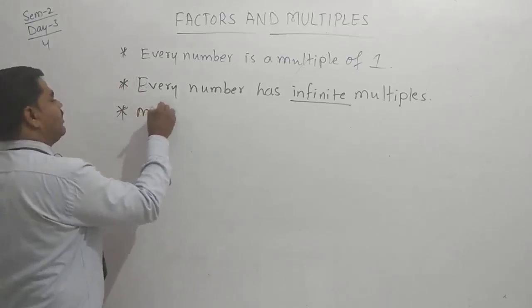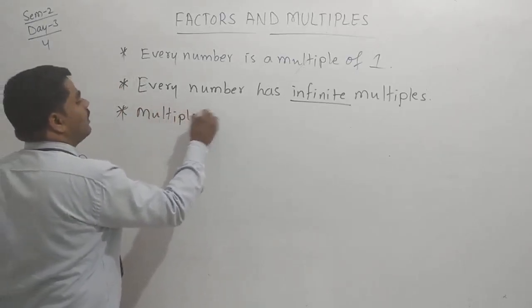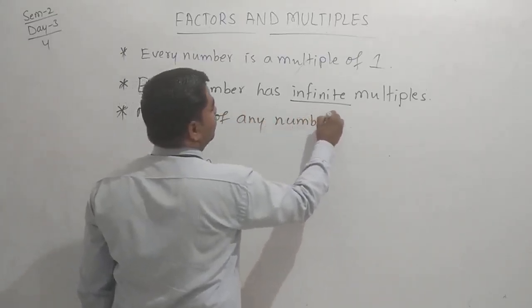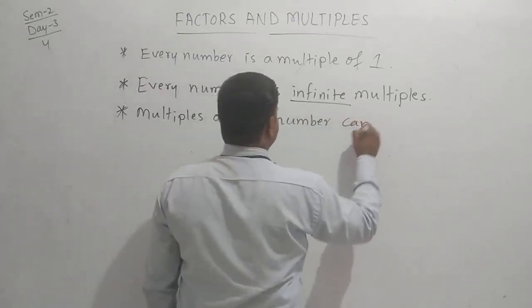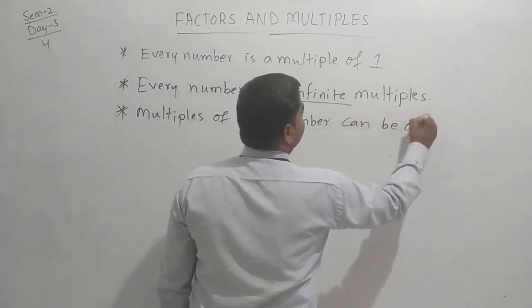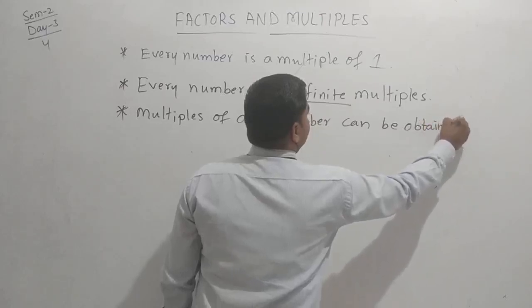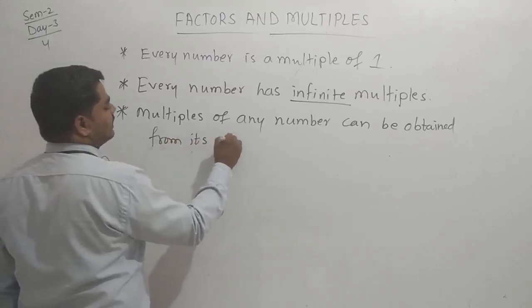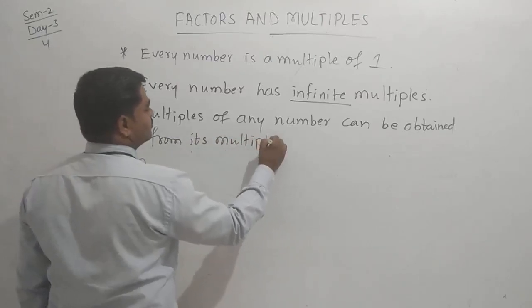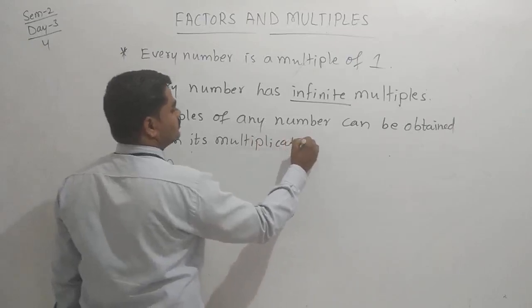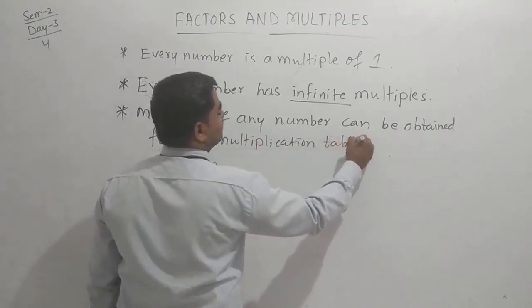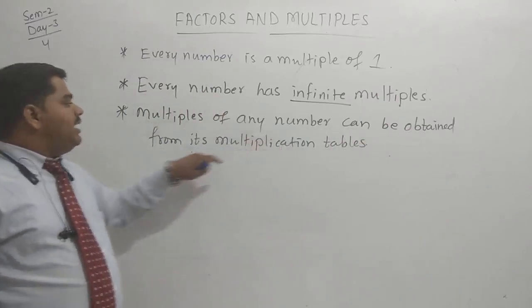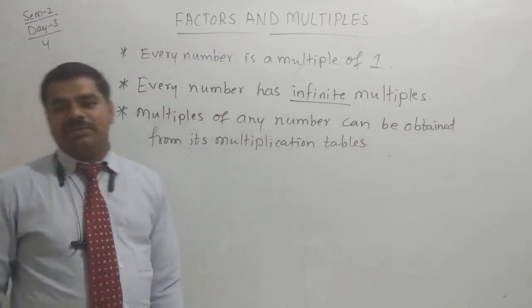Yes, multiples of any number can be obtained from its multiplication tables. This we should know.